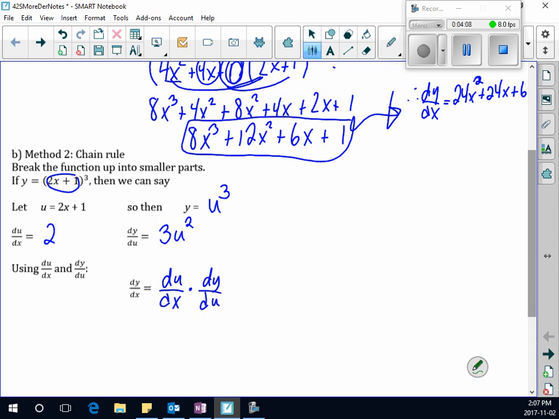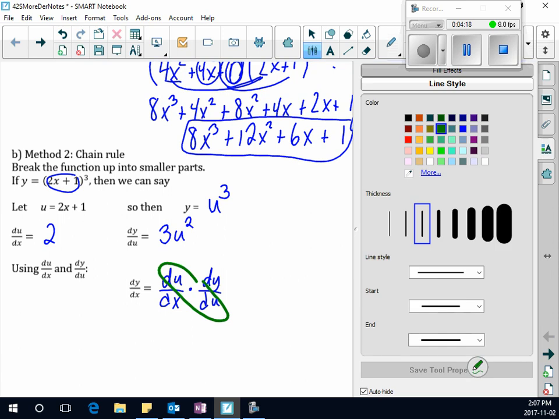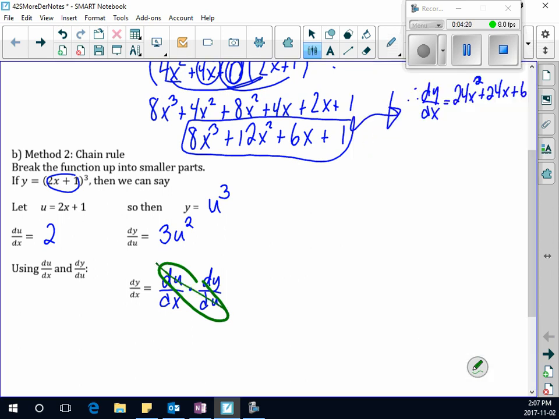Does everybody see the du's would cancel, and I'm really just calculating dy/dx. So it's all legit. So what's du/dx? 2. What's dy/du? 3u squared. Does everybody see what I got? I'm just substituting for what that was.